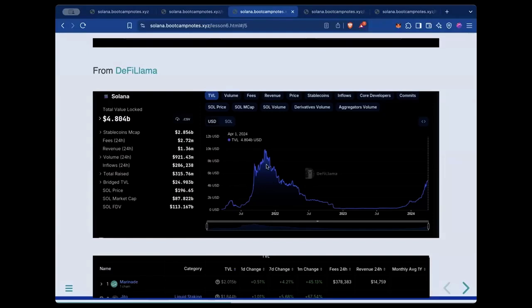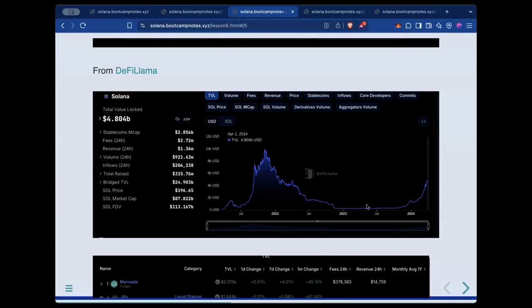This has followed very much the sentiment around crypto generally, and we saw a drop in 2023, that sort of time, for various reasons. But then things are picking back up now, as you can see here.